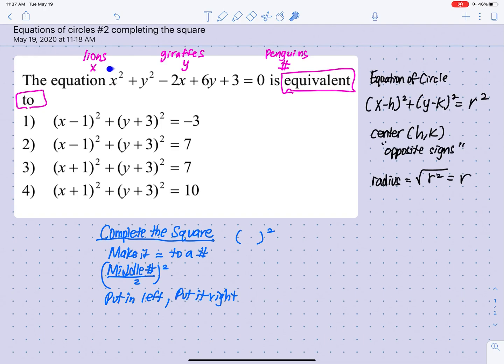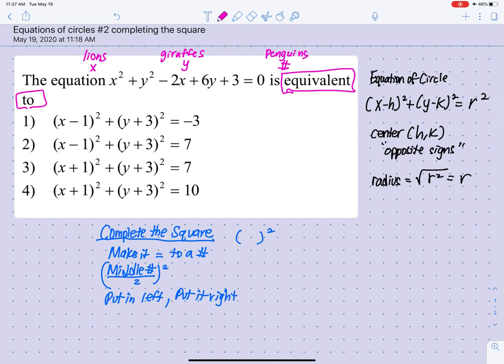We have x's, we have y's, and then we have numbers. So let's pretend this is like a zoo. We keep all the lions together, all the giraffes together, and all the penguins on the other side. Okay, so first of all, let's set this up.